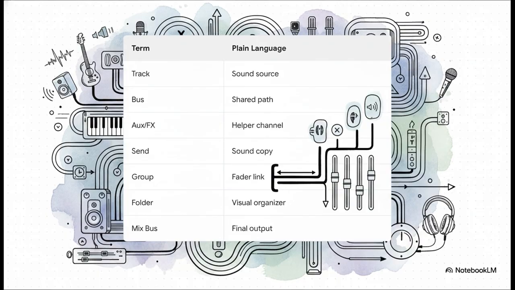A send is literally just a copy of your sound that you send over to that helper channel. What about a group? Well, that's just a fader link, so when you move one volume fader, the others move right along with it. A folder is just a visual organizer to keep your screen looking tidy. And finally, the mix bus is the final output path where the whole shebang comes together. Understanding just these 7 terms right here gives you the rock-solid foundation for a perfectly clean session architecture.